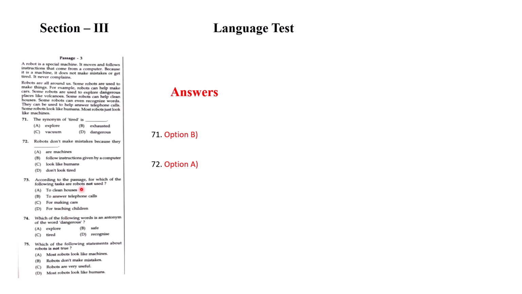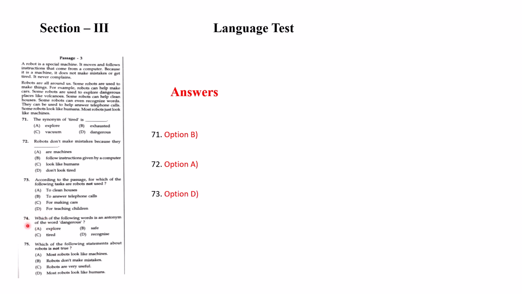So here robots can clean the houses, they can help to answer phone calls, they can make cars, but for teaching children, that is not mentioned here. Therefore, we can say option D is one of those tasks for which robots are not used. Therefore, option D would be the right answer for question number 73.